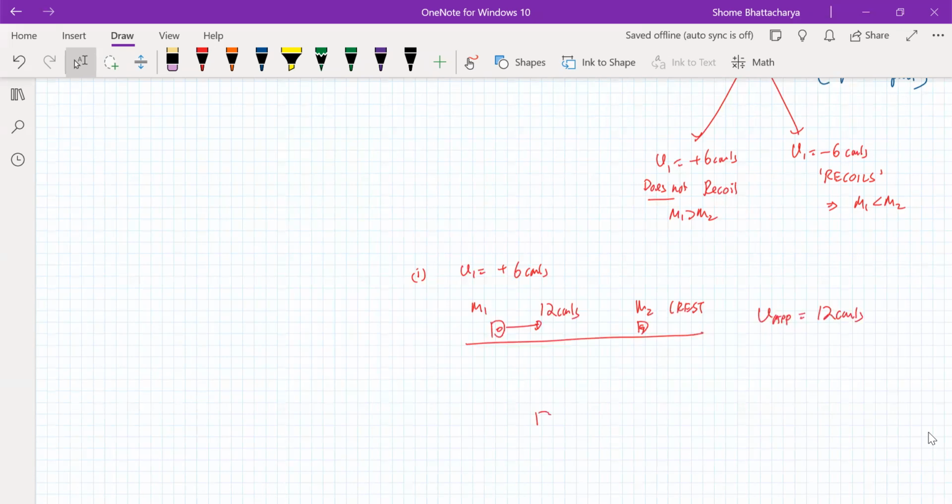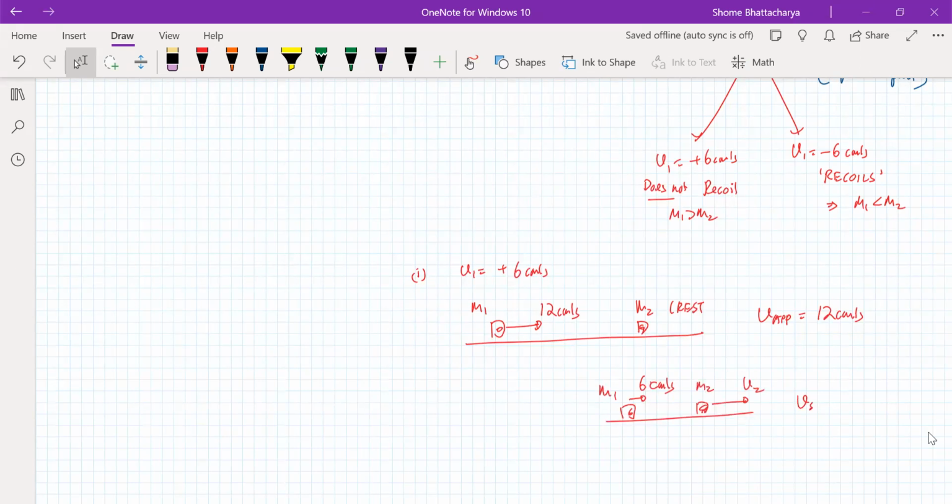Now after impact, after having collided here, if M1 continues but with a reduced speed of 6 centimeters per second, M2 will have to go off with some velocity.